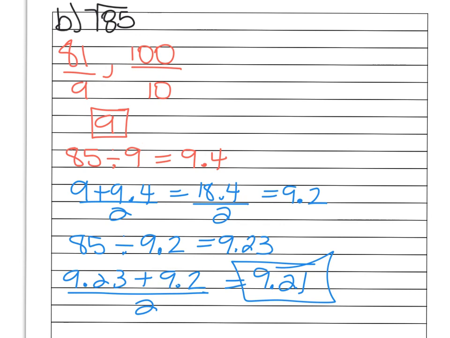I divide 85 by 9 to get 9.4. I find the average of 9 and 9.4, and I get 9.2. I divide 85 by 9.2 to get 9.23, and then you take the 9.2 and the 9.23 and find the average of those to get your final answer of 9.21.